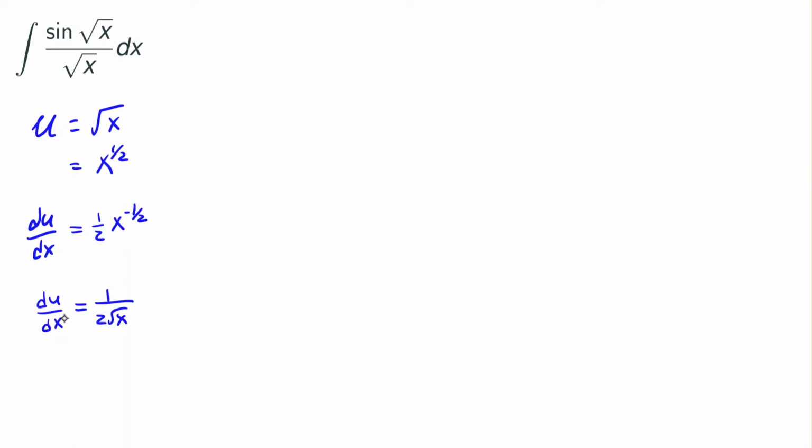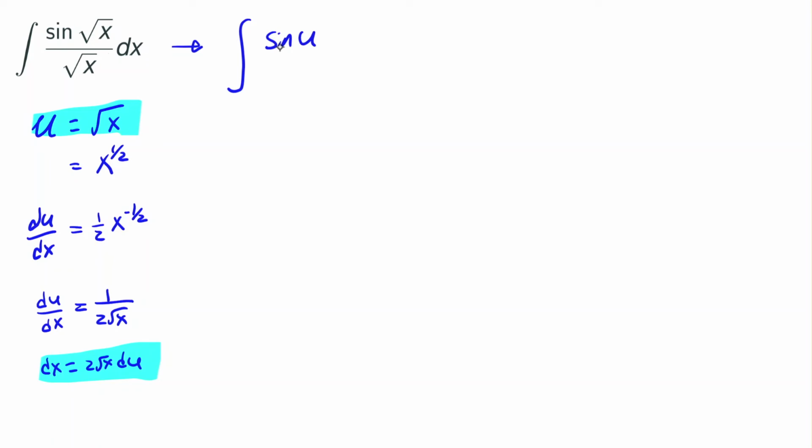We can actually cross multiply here, right? When we have a fraction and an equal sign, we can cross multiply. So we have dx equals 2 square root of x du. So using this 2 right here, we're going to substitute, and let's see what happens. So this right here, we have integral sine of u now, right?